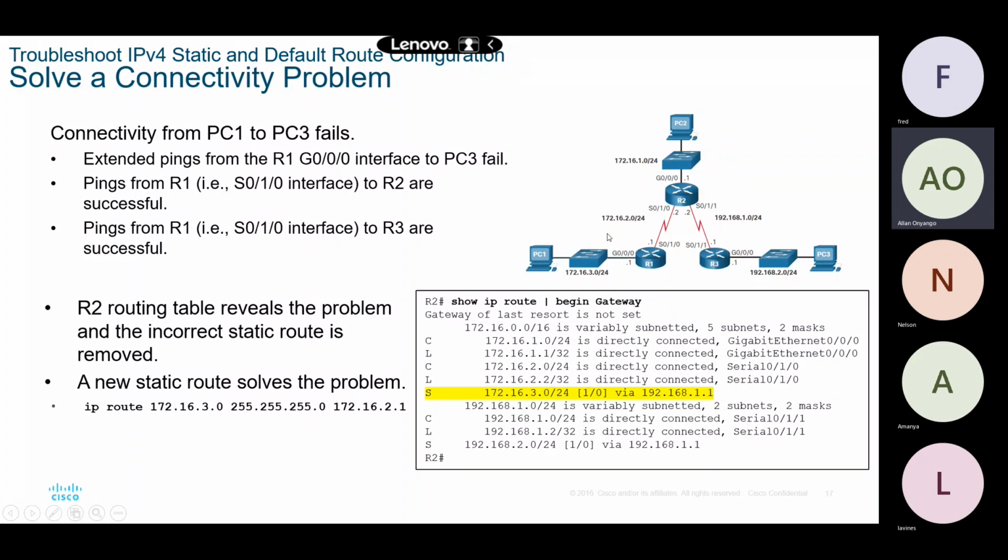And so what we need to do is add this network.